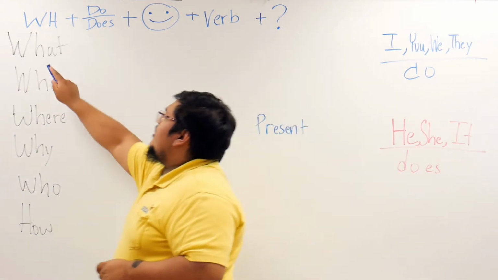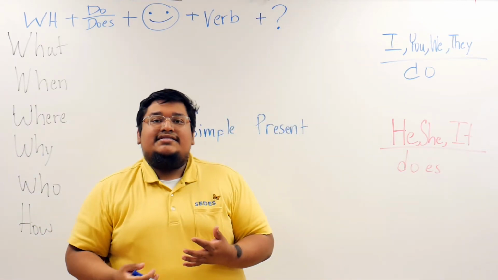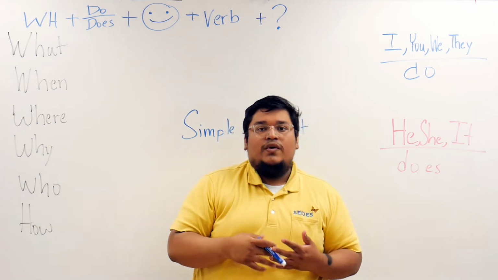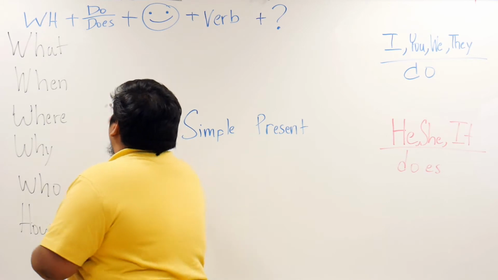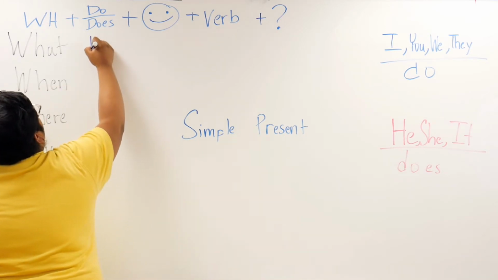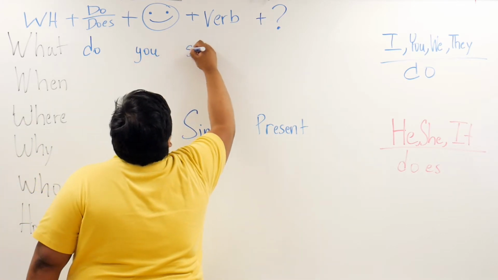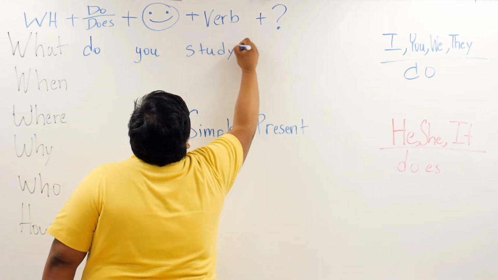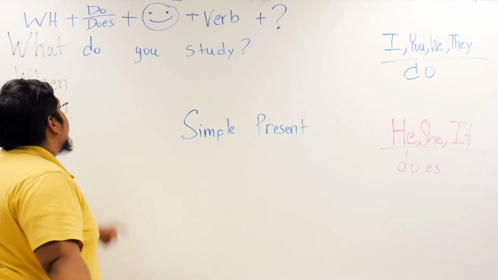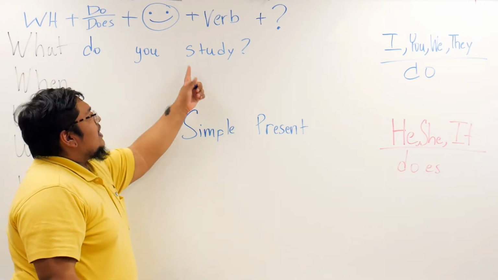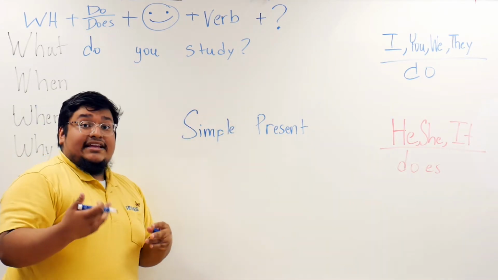So let's start with the WH word what, okay? And what, if you are using it, what is asking for something specific. So let's say, what do you study? So with the question what, they want to know in particular the specific thing that it is that you study.